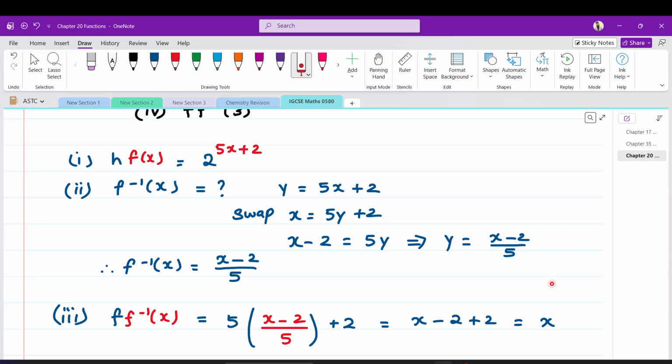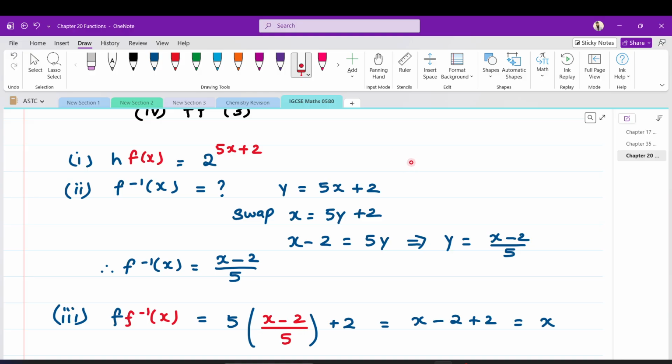So what happened over here? When you plug an inverse function into the original function, this is similar to saying that I'm going to multiply my x by 2 and then divide by 2, because when you apply an inverse function and then the original function, these are opposite functions of each other.